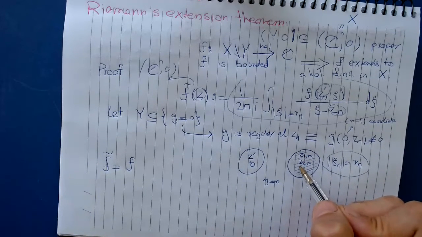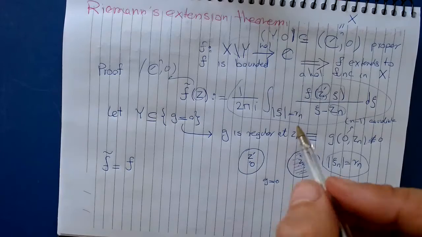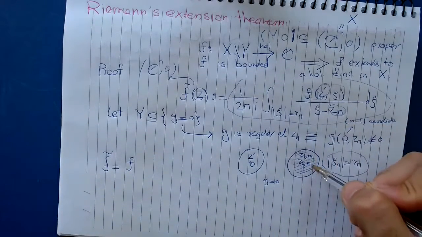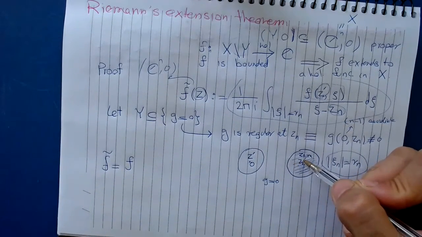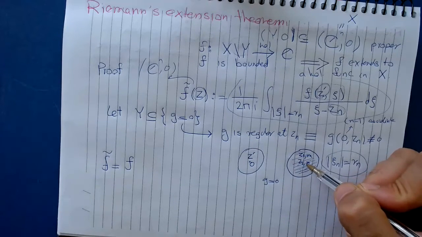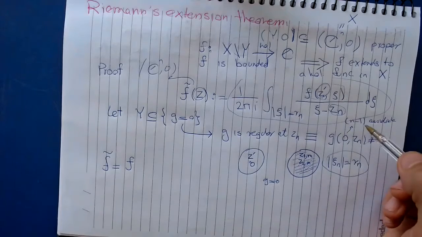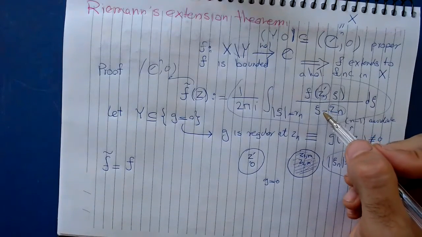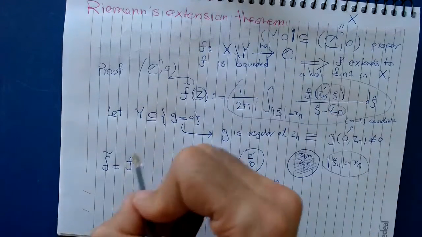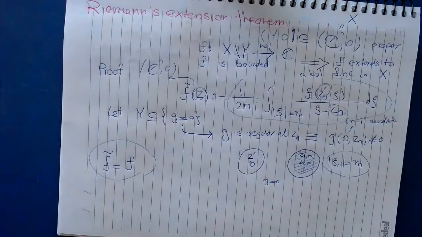So the Riemann extension theorem in one variable applies. It will imply that f extends to the whole disk, so it is actually holomorphic at z1^m, z2^m. Then we apply the Cauchy formula in one variable, and we get f tilde equal to f.